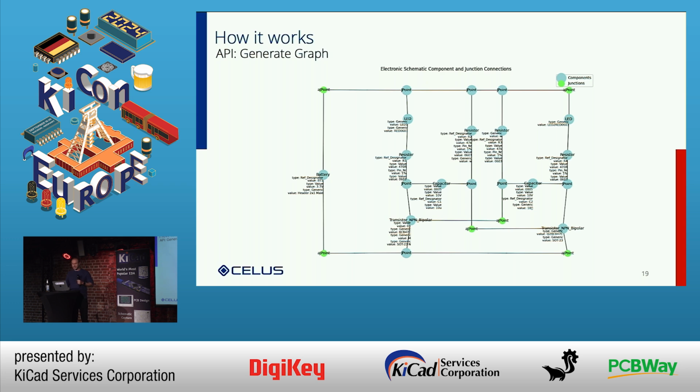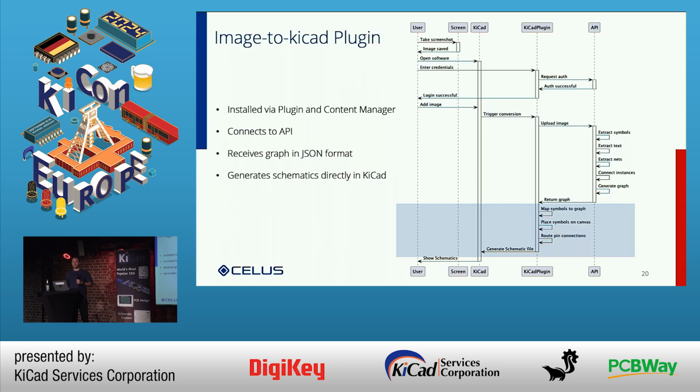And then this graph can be modeled in a JSON format. There are different ways of doing that, but you can describe this graph in a JSON format. And this JSON format can be sent back from our API to the target of the proposal today, which is the image to KiCAD plugin.